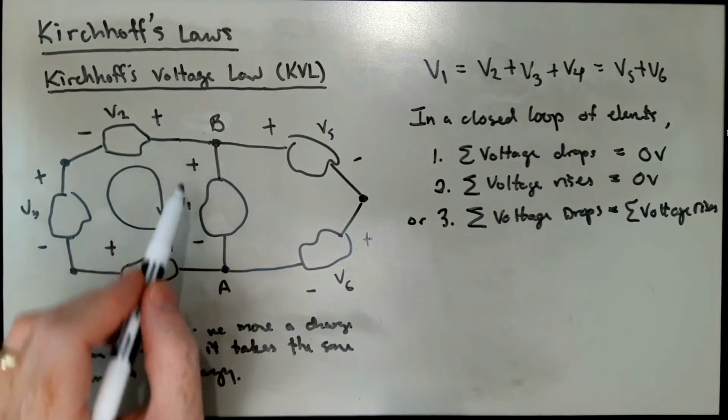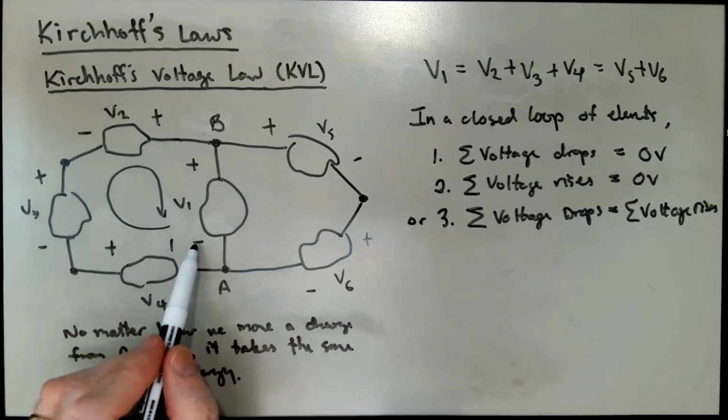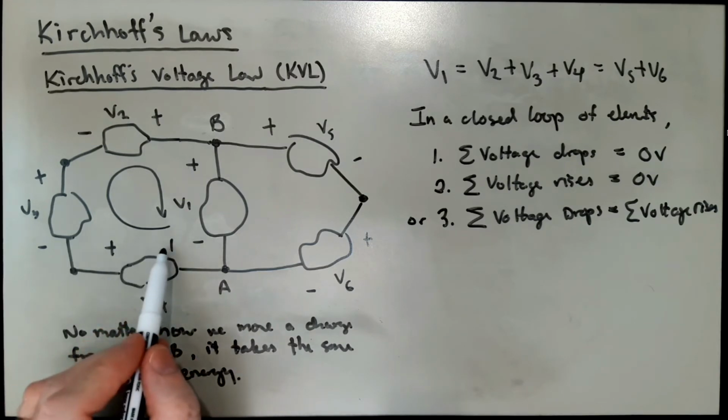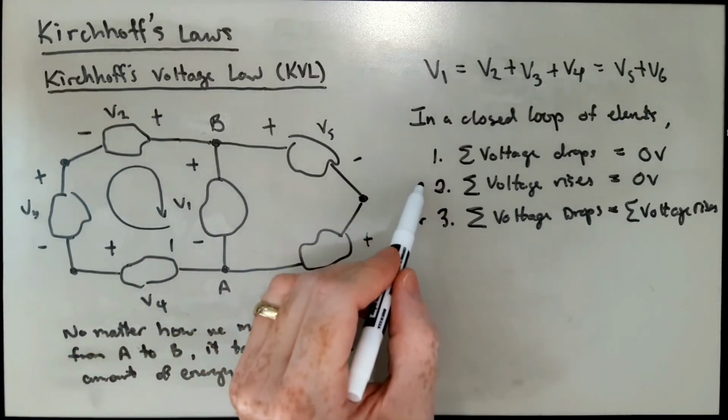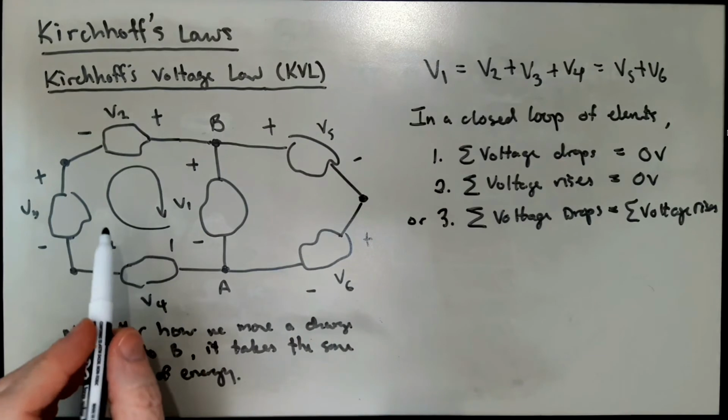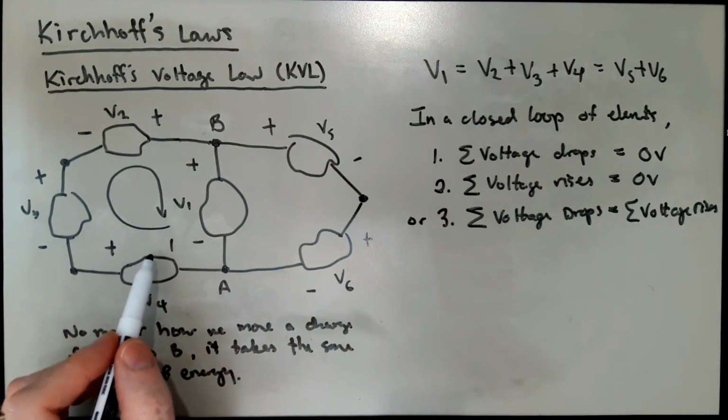So I'm going from high potential to low potential. And so in these first two ways of expressing things, a voltage rise would be a negative voltage drop.